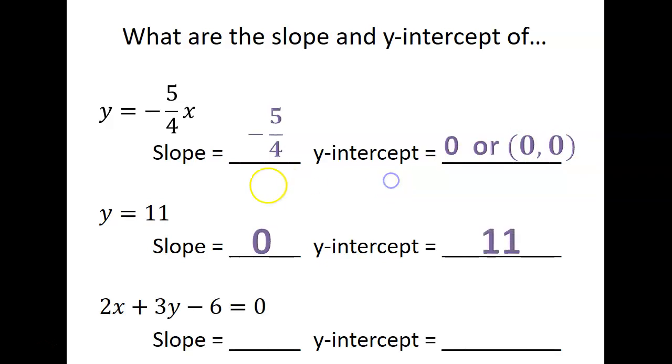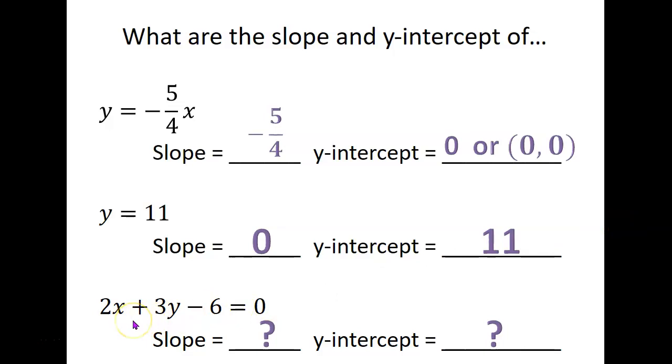Okay, what about 2x plus 3y minus 6 equals 0? The slope would be... The problem here is that this equation is not in slope-intercept form. It's not arranged as y equals mx plus b, with the y by itself on one side equal to an x term plus a constant term on the other side.